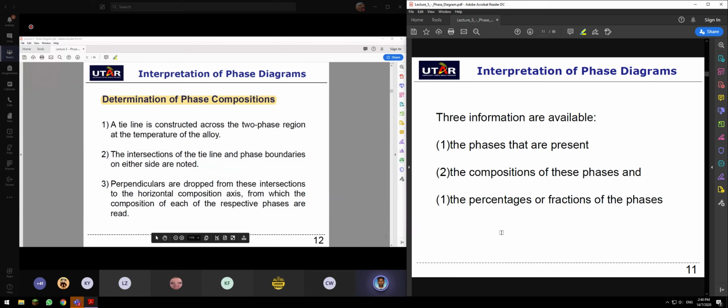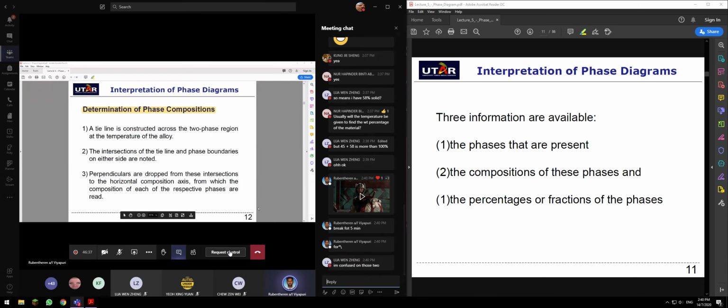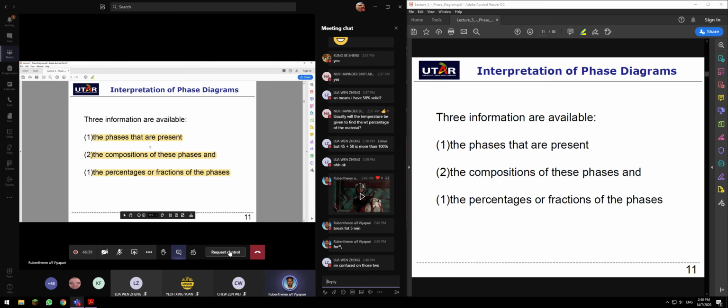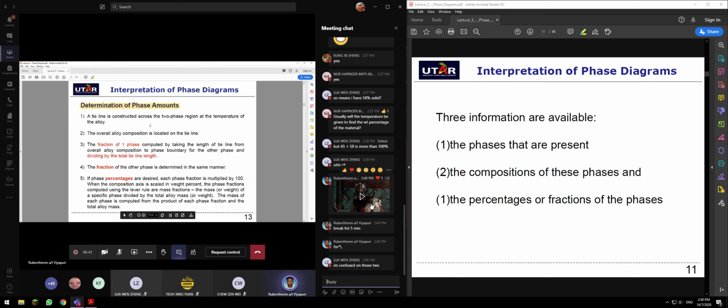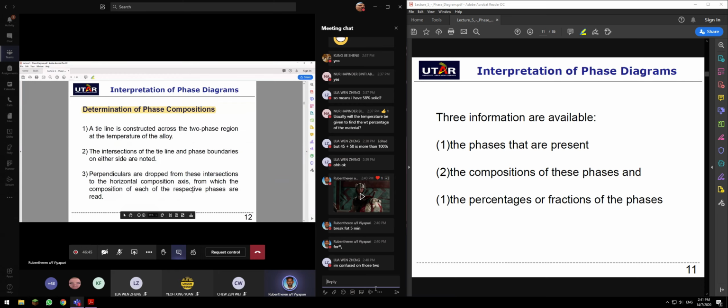Lua Wenzheng, I'm confused on those two. Okay, don't worry. I'll explain to you the phase composition and also phase amount in this slide. Meanwhile, you can just read and I'll explain to you in detail at 2:45.